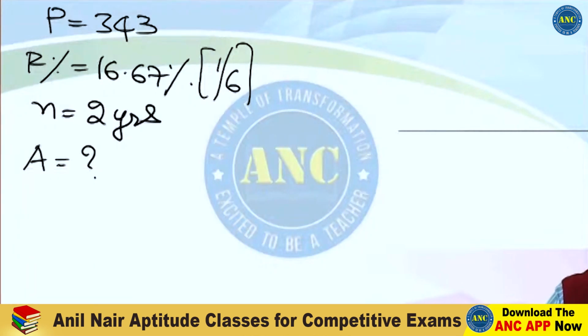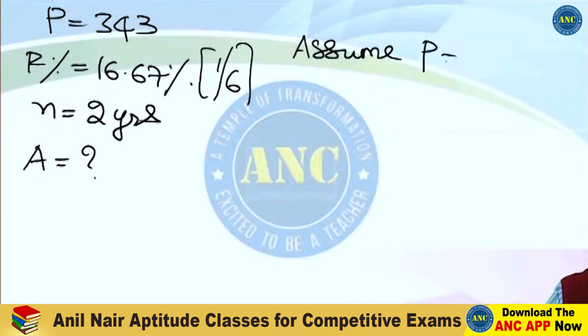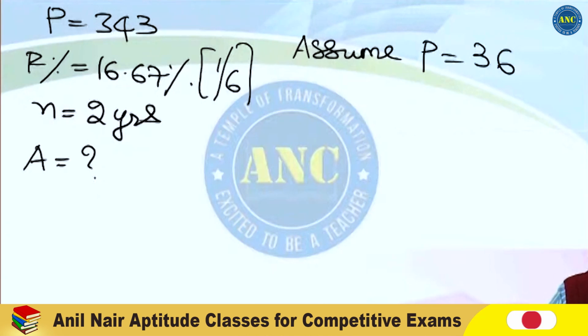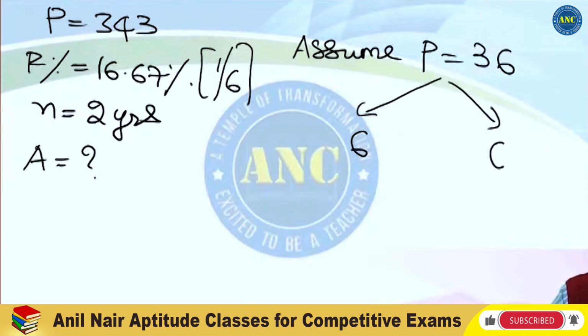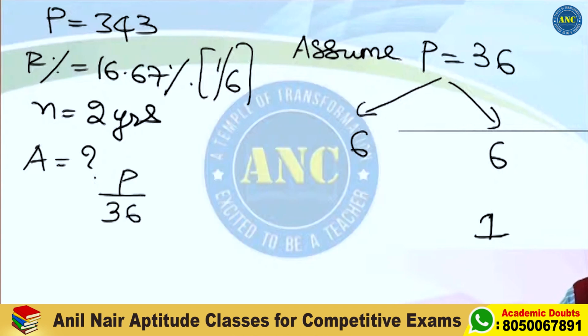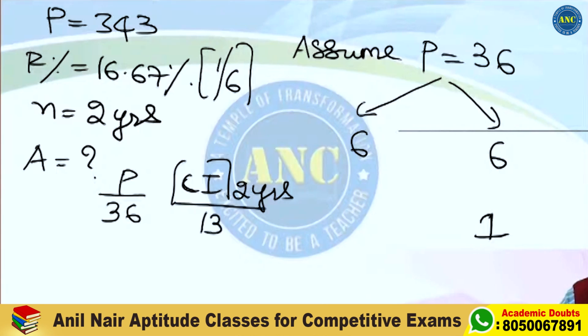Assume the principal as 36. Now D is nothing but 6, and 1. For the principal 36, the compound interest for 2 years is 13.